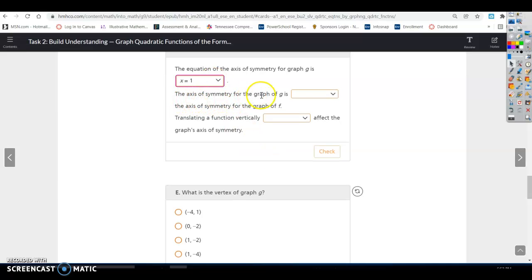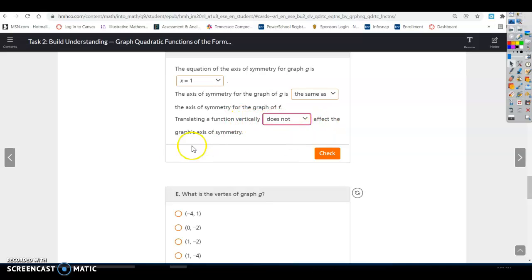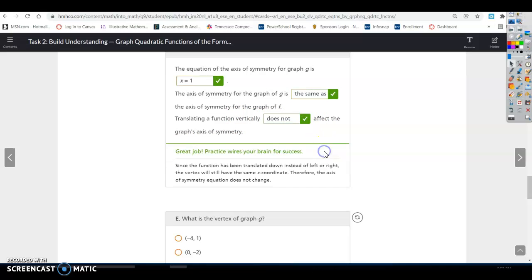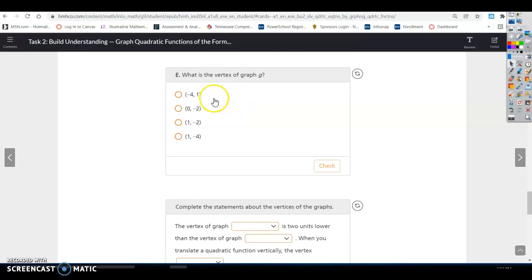The axis of symmetry for the graph of g is the same as the axis of symmetry for f. Translating a function vertically does not affect the axis of symmetry. All right, it still cuts it in half into equal parts.